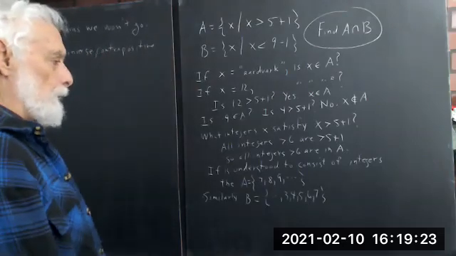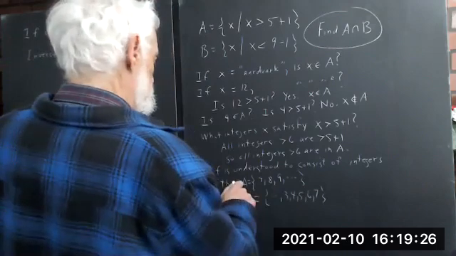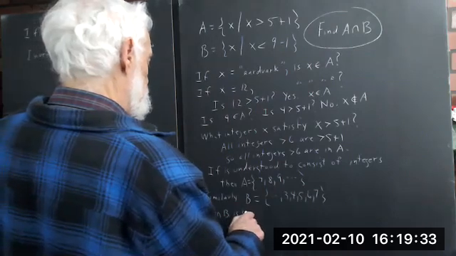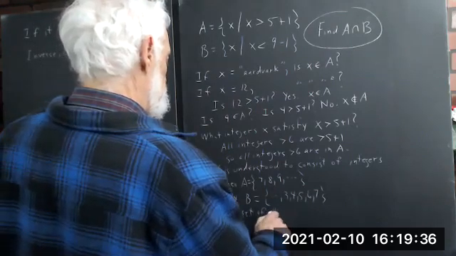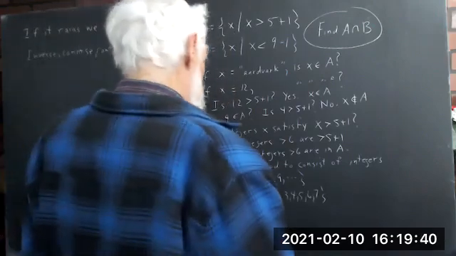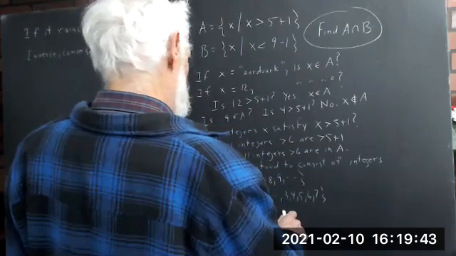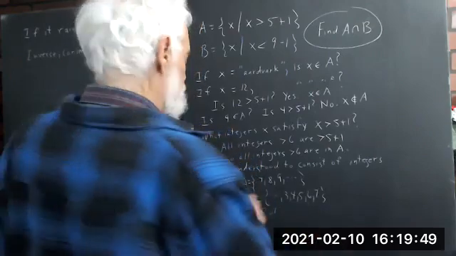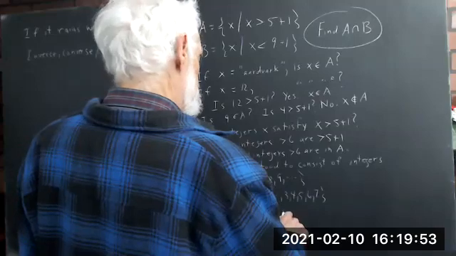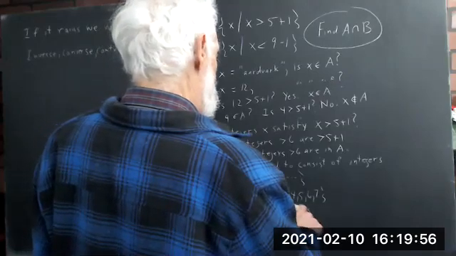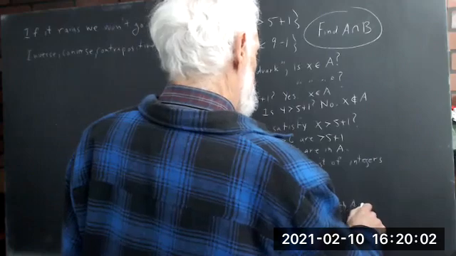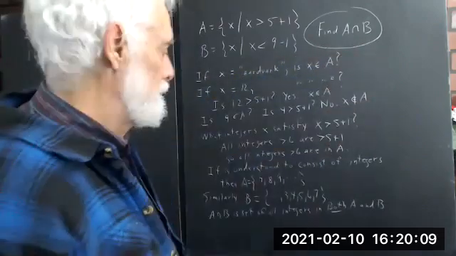Now, what is A intersection B? It's a set of all integers in both A and B, because the definition of intersection was just this.